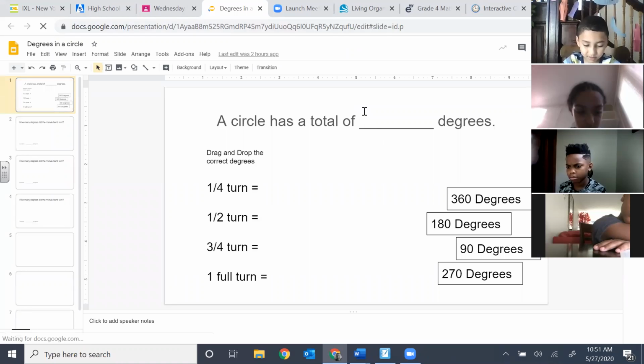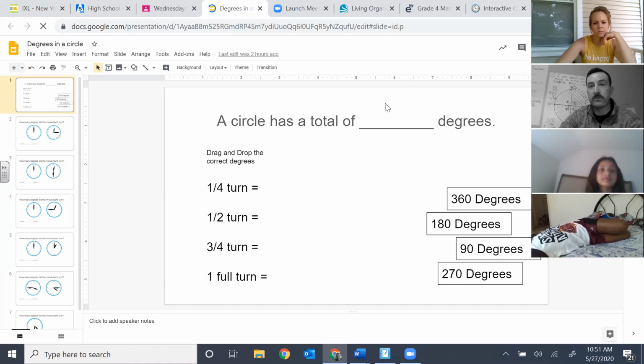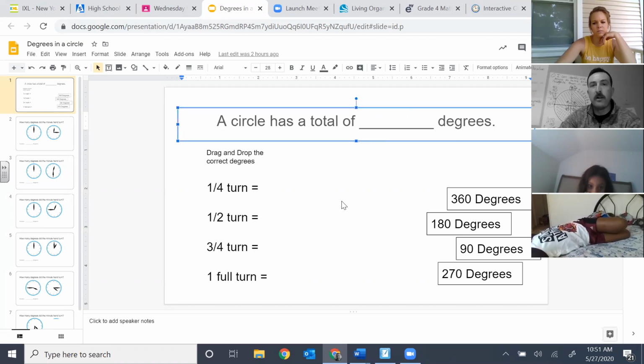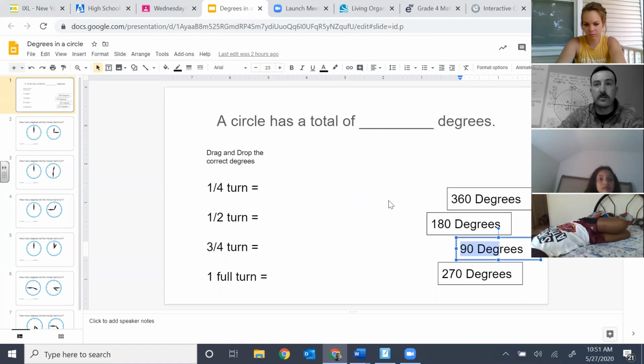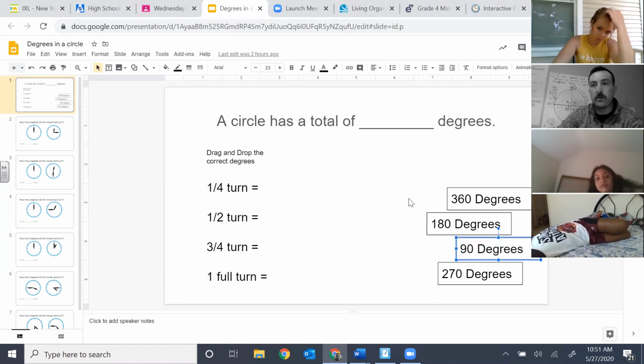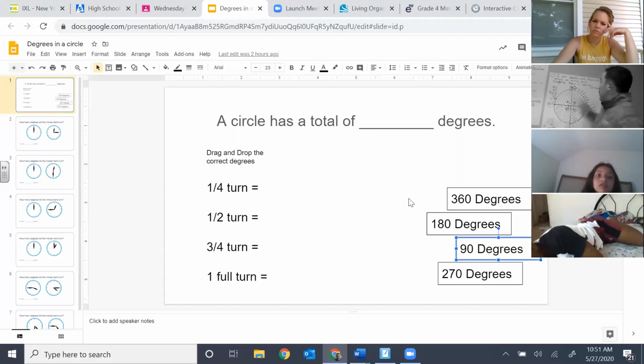You're gonna tell me how many degrees are in a full circle. Just gonna type it in. Then over here, you have quarter turn, half turn, 3/4 turn, and 1 full turn. You have to tell me how many degrees is 1/4 turn, and you're gonna drag it up and put it next to the box. So who can tell me right now, how many degrees is 1/4 turn or 1/4 way around the circle?